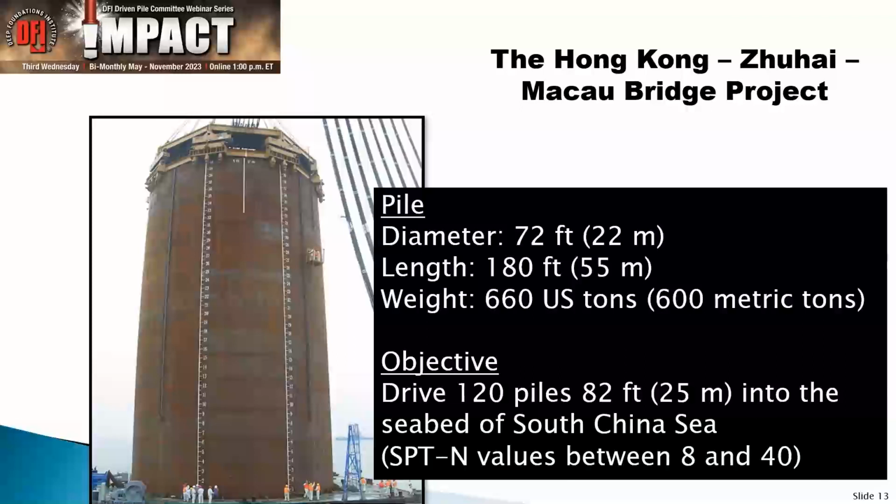And we had to drive those piles 25 meters into the seabed, or a little over 80 feet. Not that hard driving. The end values were between 8 and 40, so no real strenuous driving. But still, how do you drive something that is that diameter into the soil?